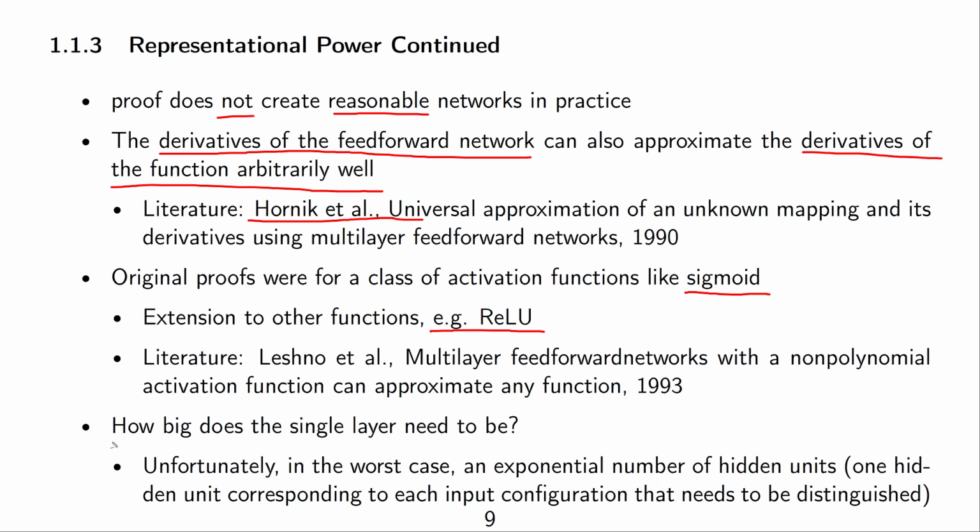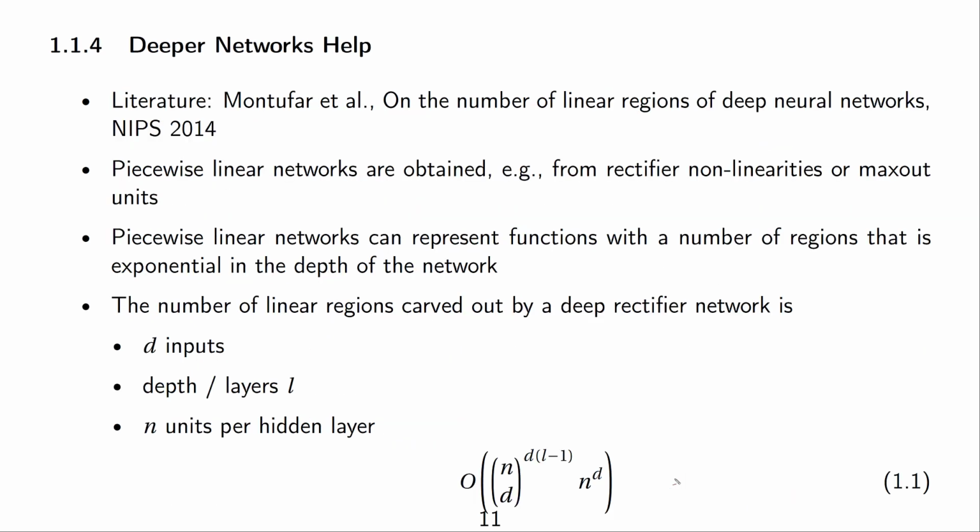So another question is, again, very loosely speaking, how big does this single layer need to be? And there the answer is, of course, in the worst case, we have some exponential explosion of the hidden units that is required to approximate a function. So people also try to answer how these resulting functions look, maybe on the number of linear regions of deep neural networks.